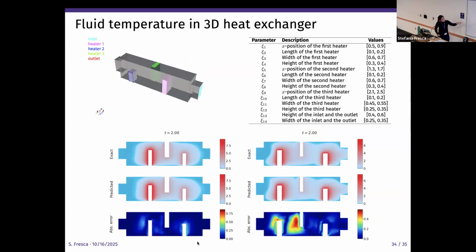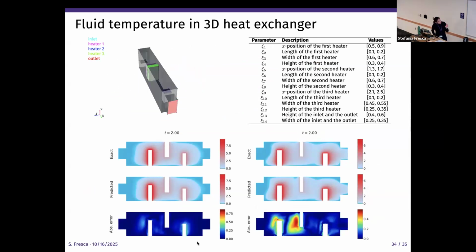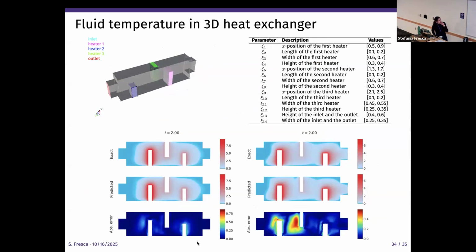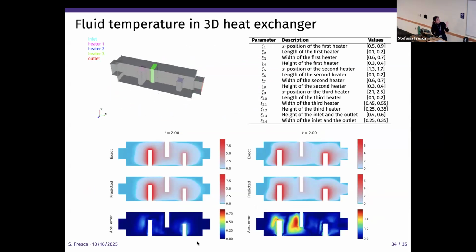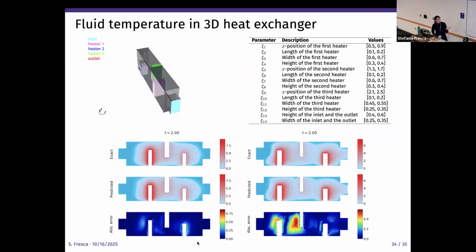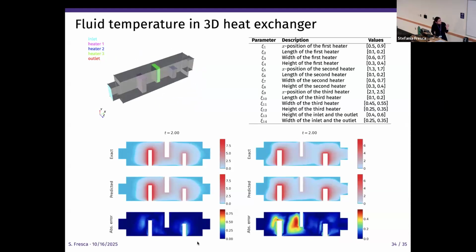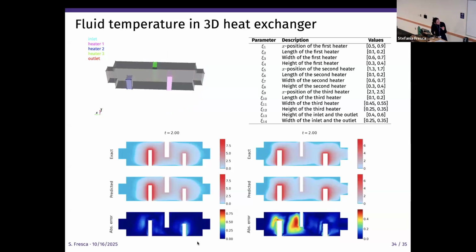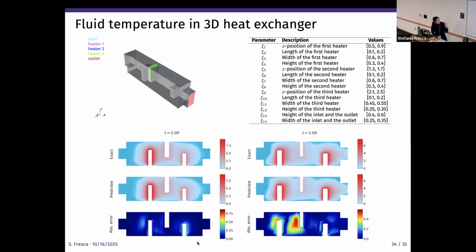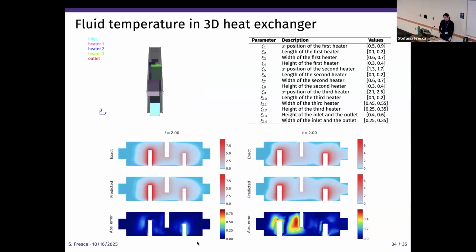And the two columns of the solution refer to the comparison between the prediction and the ground truth data for two different testing parameter instances. CGA-DL-ROM is able to capture the moving fronts of the temperature field, which are induced by the advection field.